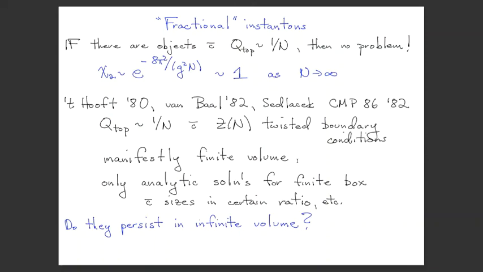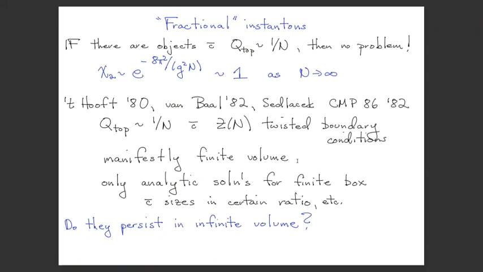Okay. A much more natural thing is if you have things with fractional topological charge. Now, at the outset, let me say, I'm not claiming that if you have a box with periodic boundary conditions that you will be able to measure fractional topological charge. The question is whether or not the fluctuations are characterized by those with integral topological charge or fractional.